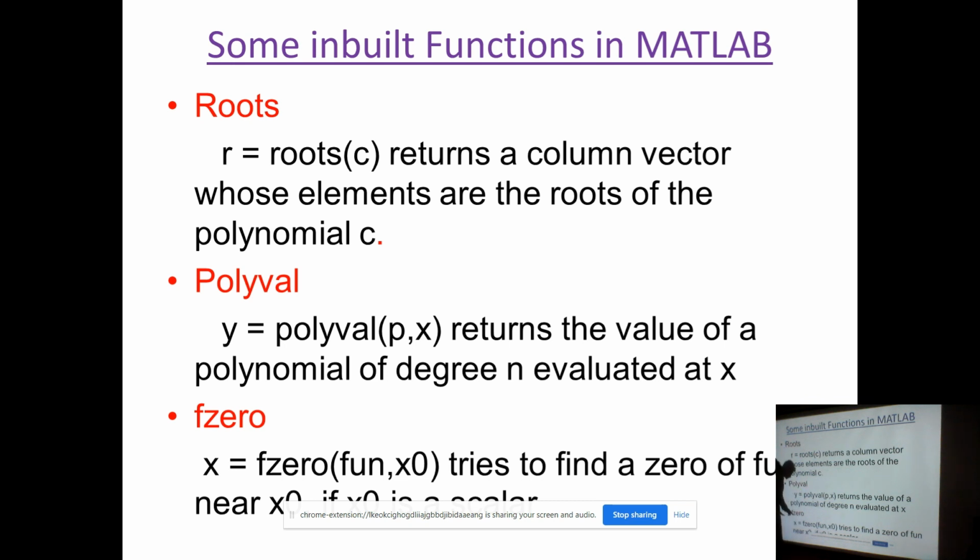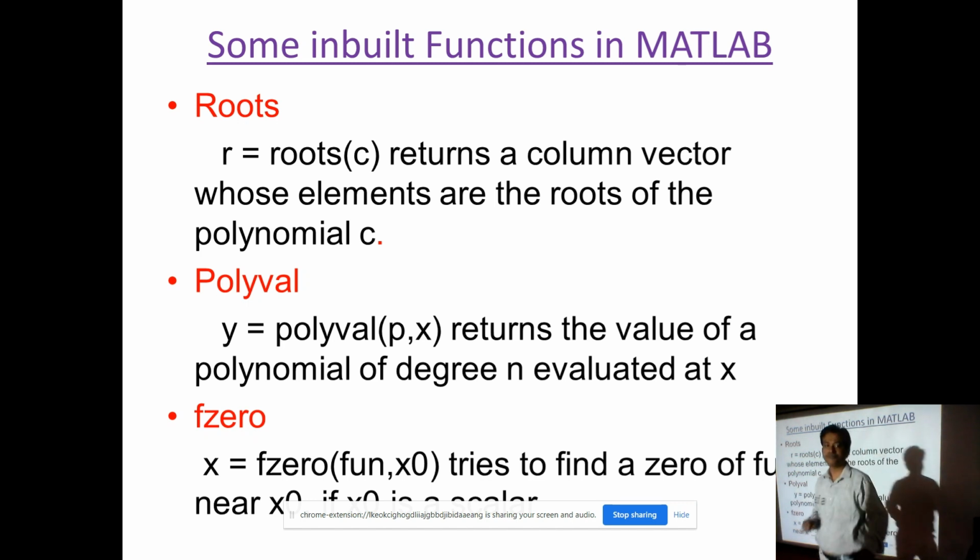So fzero is another function which tries to find the zero nearest to the value which you have given here. That means it readjusts, it recalculates. Whatever guess value you have given, near that guess value, it finds the zero of the function. Okay.